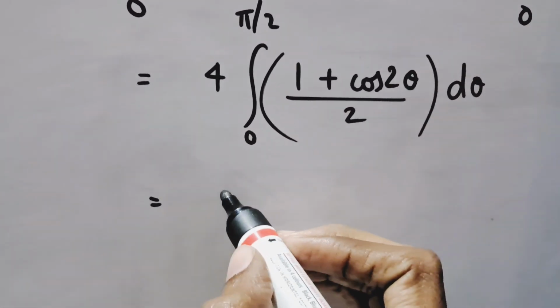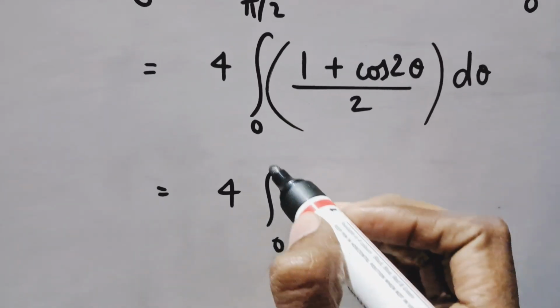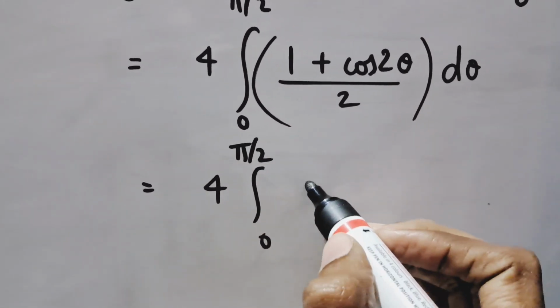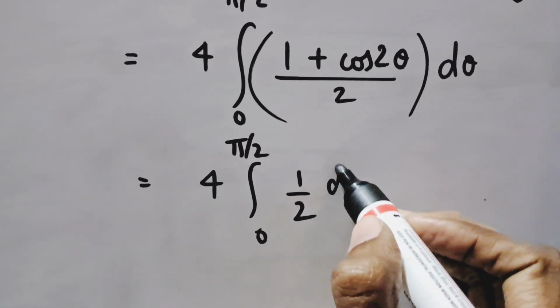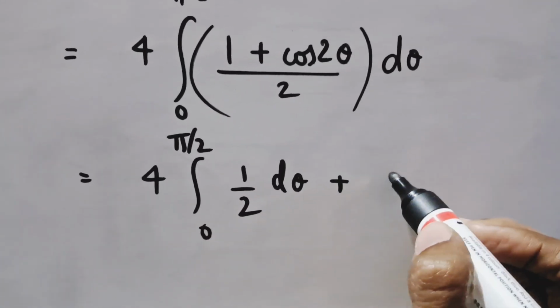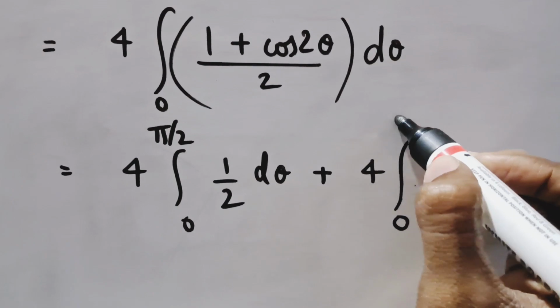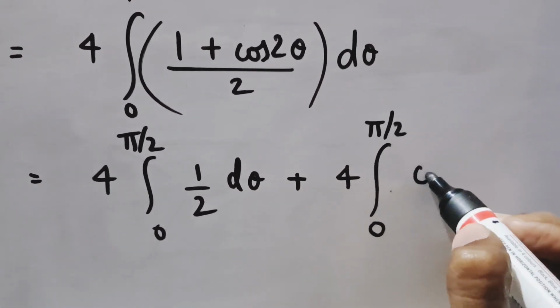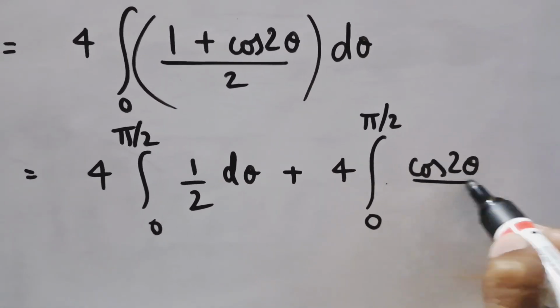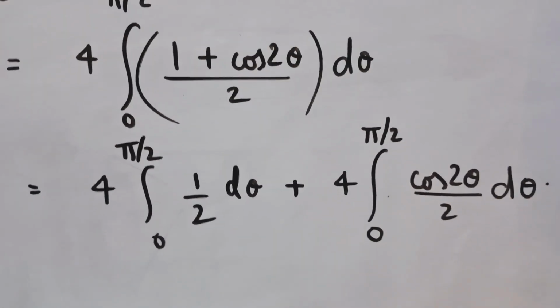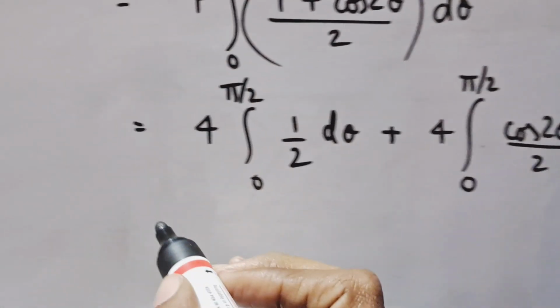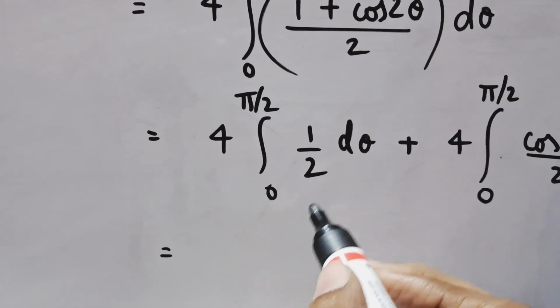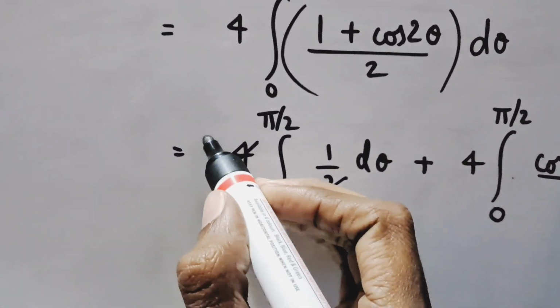So 4 times the integral from 0 to pi by 2 of half d theta plus 4 times the integral from 0 to pi by 2 of cos 2 theta by 2 d theta. From which the 2 and 2 get cancelled.